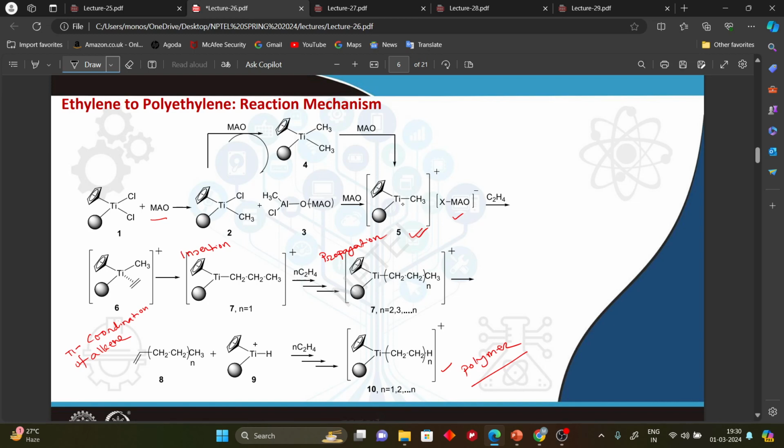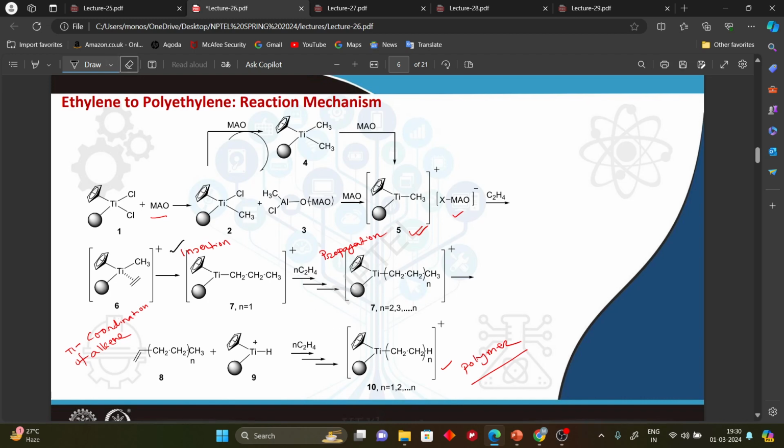Here the olefin or monomer unit can be incorporated like this. Then insertion happens, then the propagation step happens. So the polymer unit can increase, and this kind of thing can be processed and titanium hydride would be forming, followed by this thing, and in that way we can find.